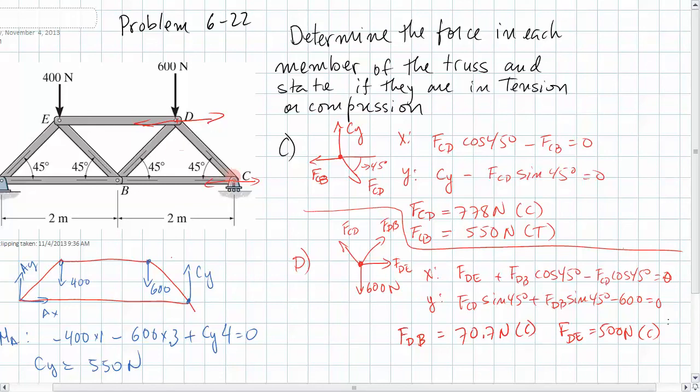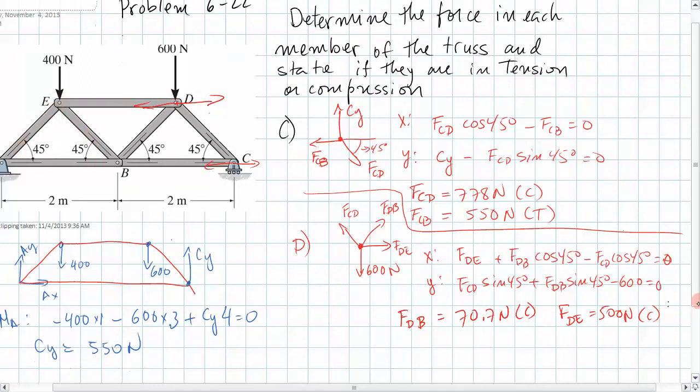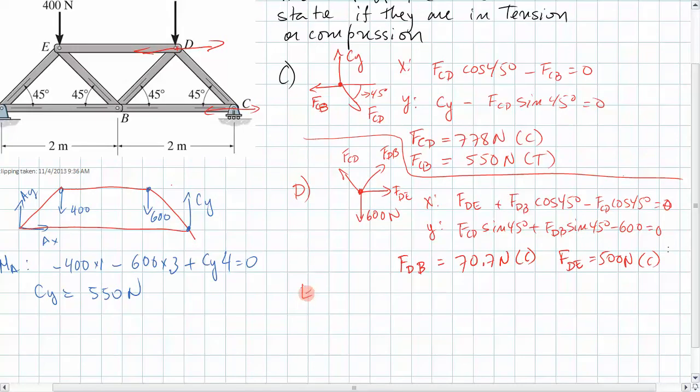So now we have the forces on these two members and these two members. So we need the forces on these three members. So we can use E to find these two members. Let's do E, and we can draw the free body diagram for that. I have here 400 newtons, the load.